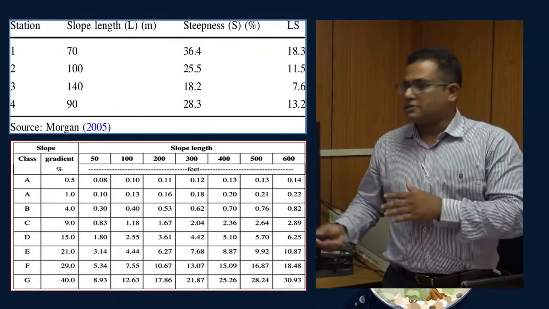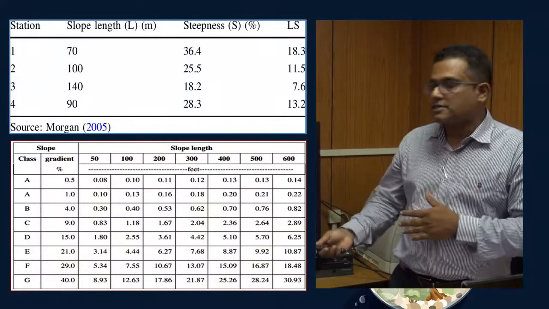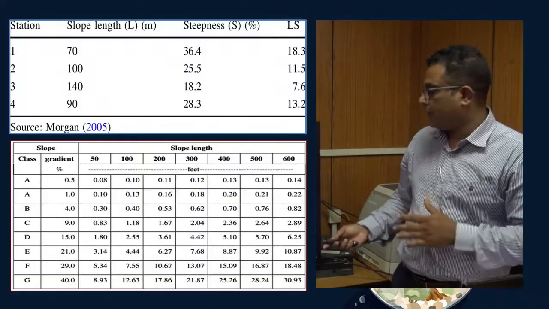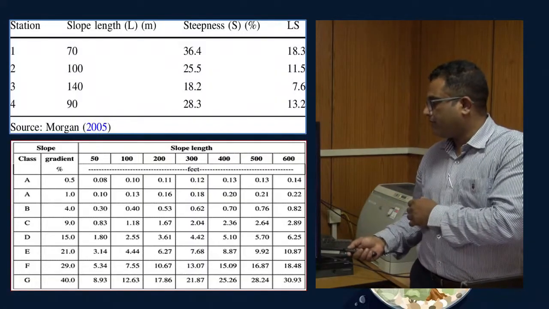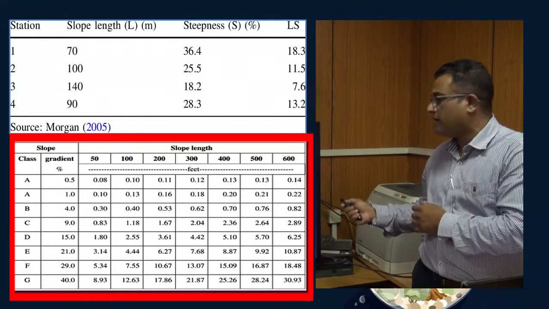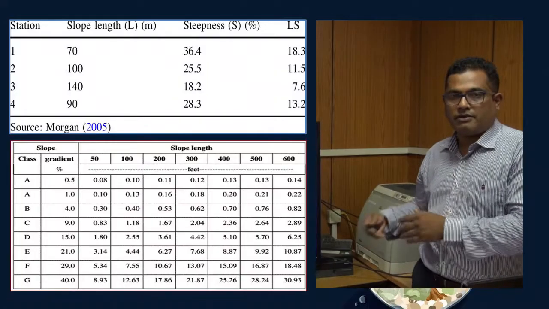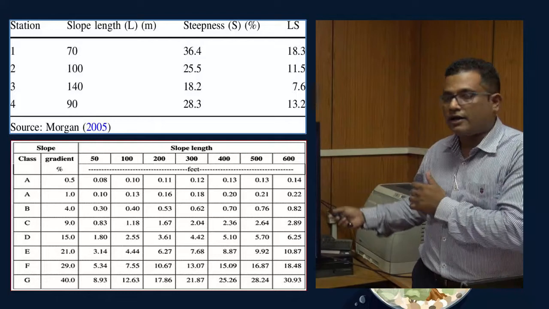For practical purpose, you can have your own slope length, you can measure your own steepness, then you can find the LS factor. And in a more easier way, someone has explained, this is for high mountainous area where we can have LS very high. In such places, the soil erosion will be very high.